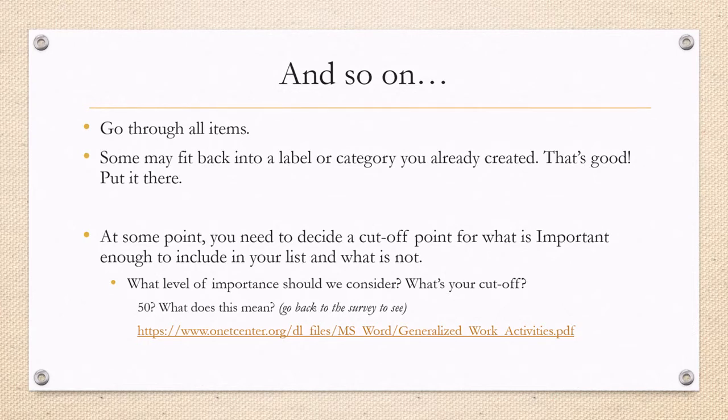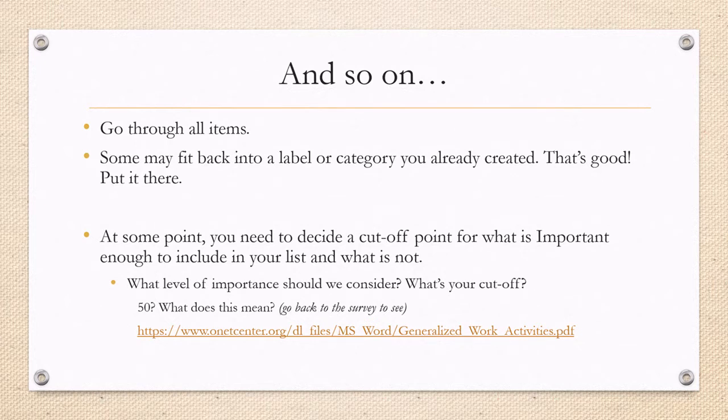However, you need to decide where the cutoff really is. So a 3 or a 10 on this may also be something you don't include. But what about 25? And we need to think about this. What is this importance rating even telling us?